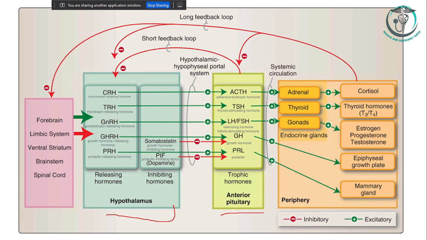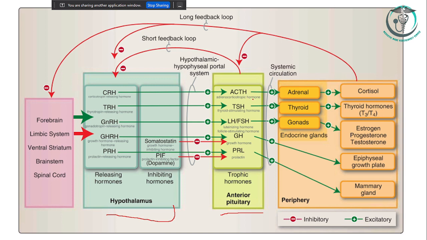If you look at the CRH, CRH stands for corticotropin releasing hormone. Corticotropin releasing hormone targets the anterior pituitary gland. In the anterior pituitary gland, it will act on some of the cells that will end up producing what is known as ACTH, adrenocorticotropic hormone.